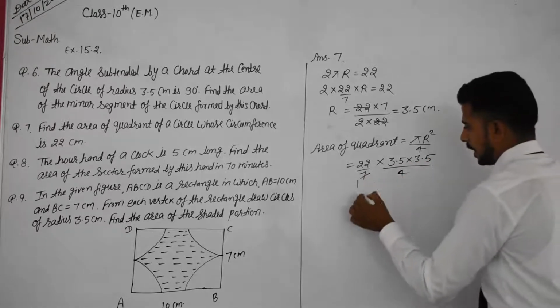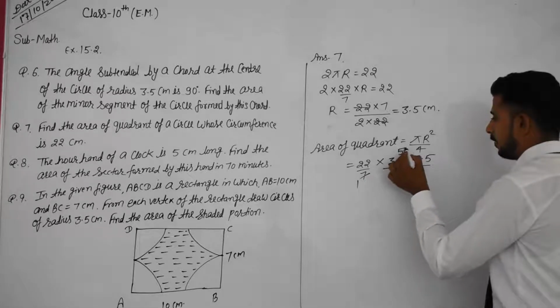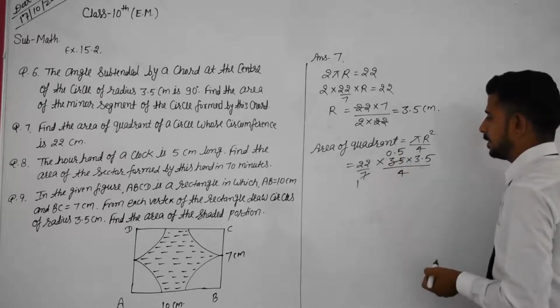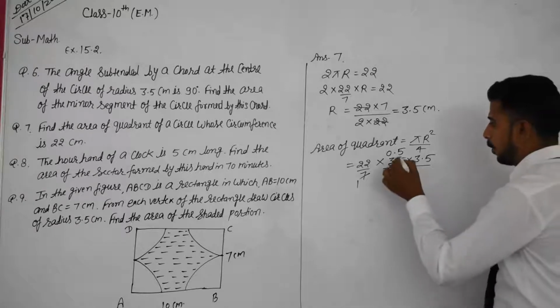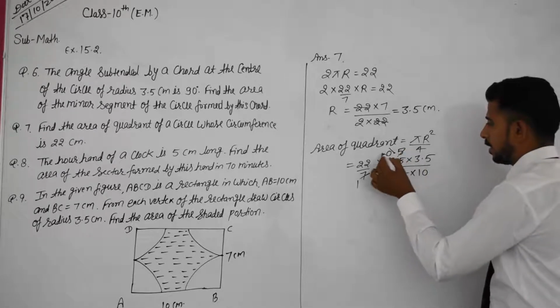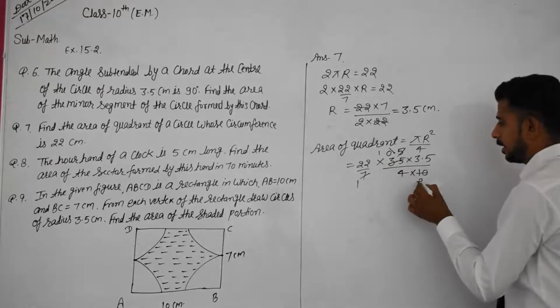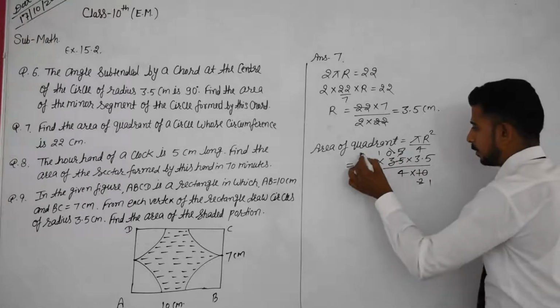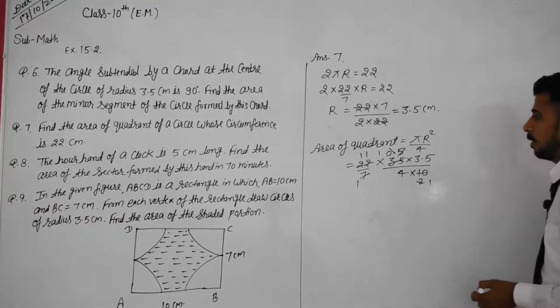7 ones are 7, 7 fives are 35.5. It means 0.5. Remove decimal, then write 10 in the denominator. 5 ones are 5, 5 twos are 10, 2 ones are 2 and 11 twos are 22.